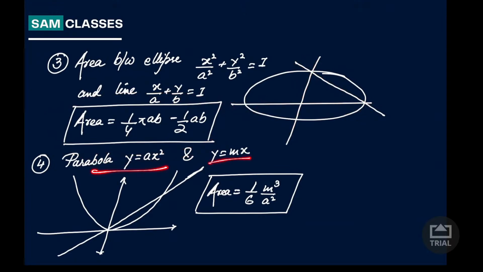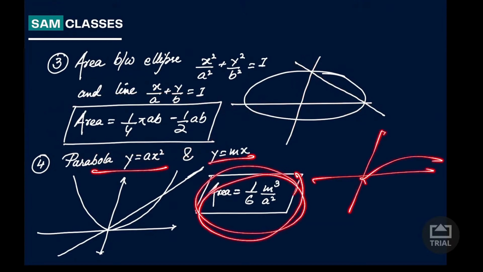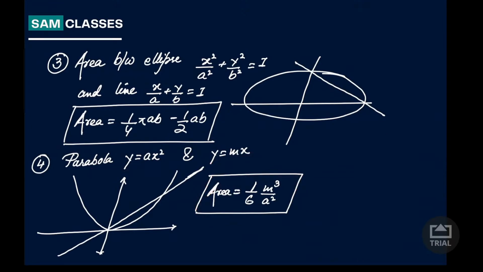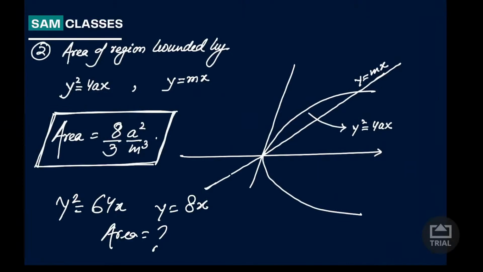Next, for parabola and a line, this is the area. So we did for right parabola, now we did for upward parabola. So both parabolas covered, okay? When you get any question with a parabola and line combination, directly check. If it is an upward parabola and line, this is the formula. What is a right parabola and line?